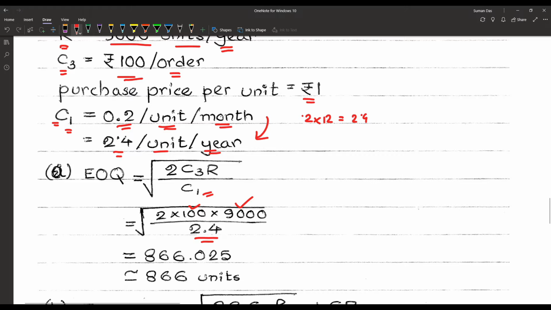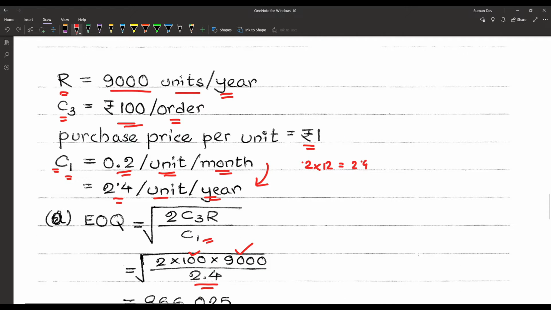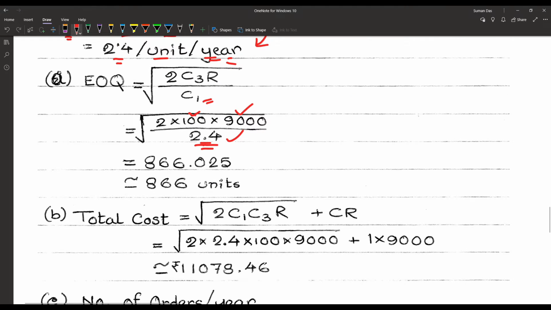R is equal to 9000, C3 is equal to 100, and C1, transformed per year, is 2.4. The final result gives us 866.025, that is nearly equal to 866 units. So that is our EOQ.